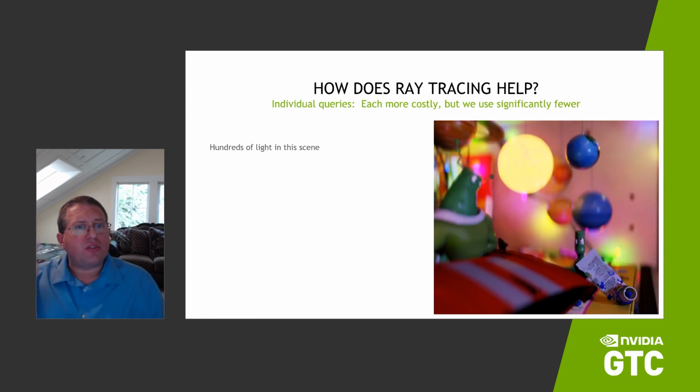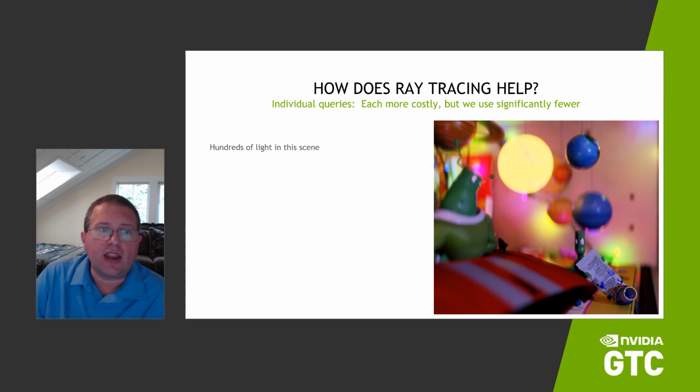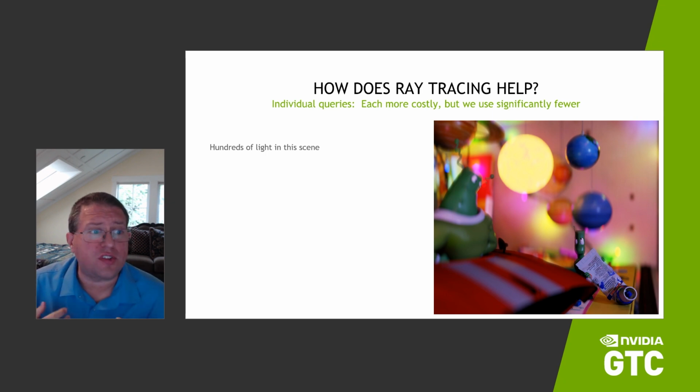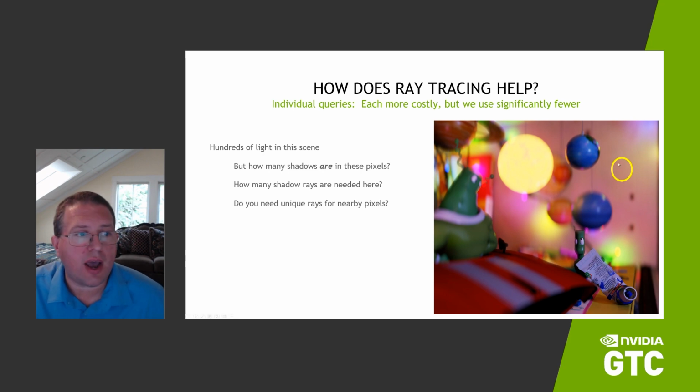So you might ask, how does ray tracing help here? And again, this comes back to the fact that rays are individual queries, and while each one might be more costly, we can use significantly fewer of them. So let's look at this scene here where there's hundreds of lights, many of them large area lights like this sun globe. And I want you to focus on this yellow highlighted region here and ask yourself, how many shadows are actually visible in these pixels?